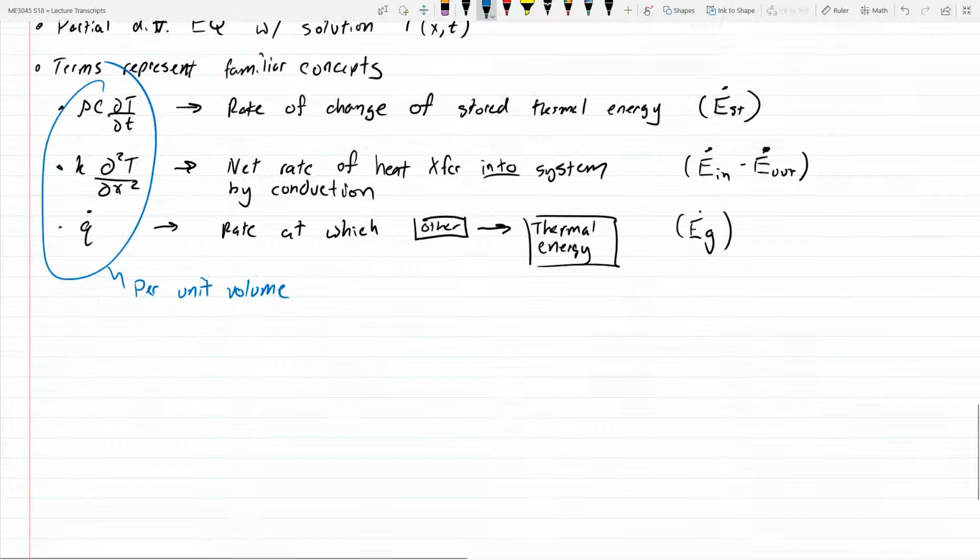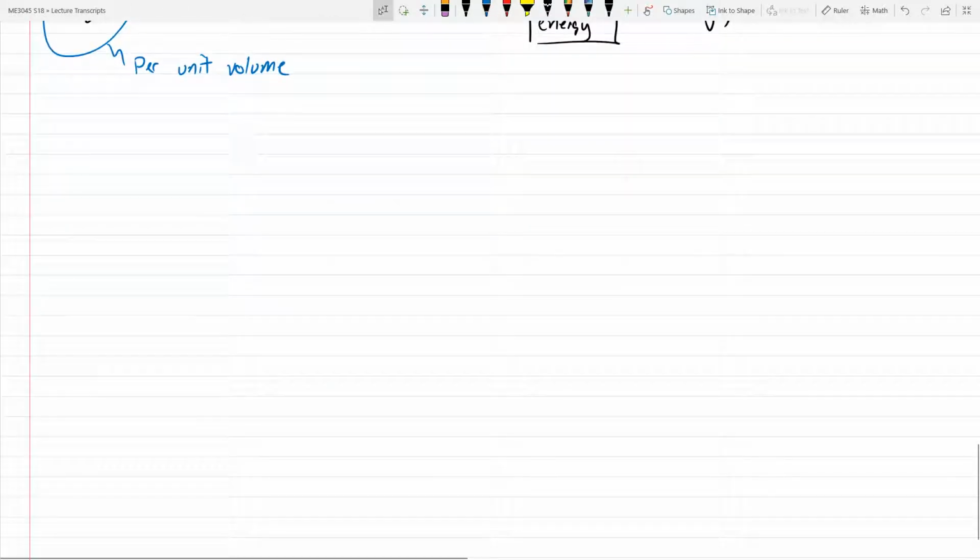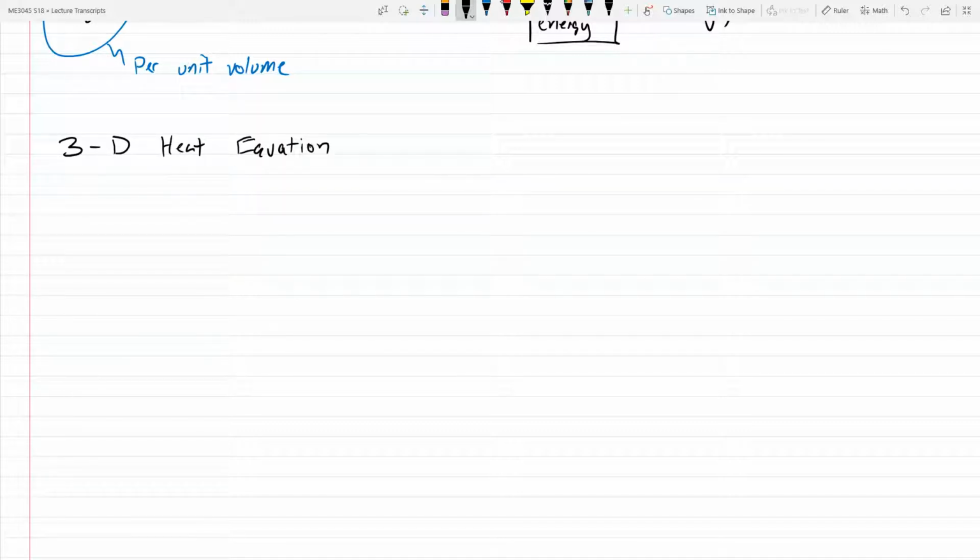Okay. So the 3D heat equation essentially comes from the same thing.